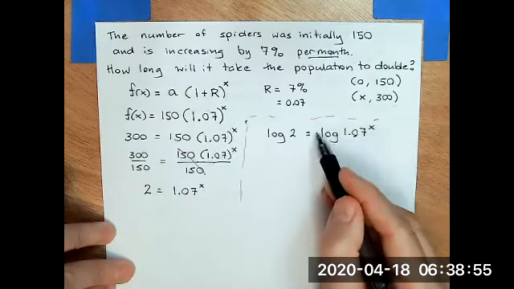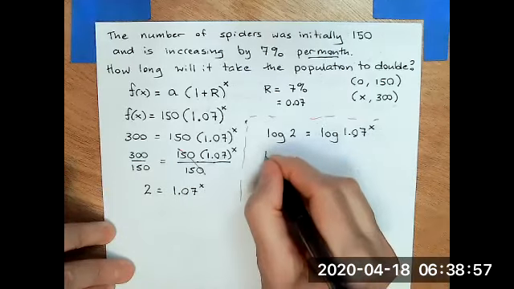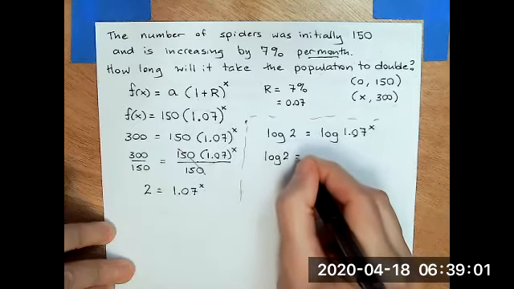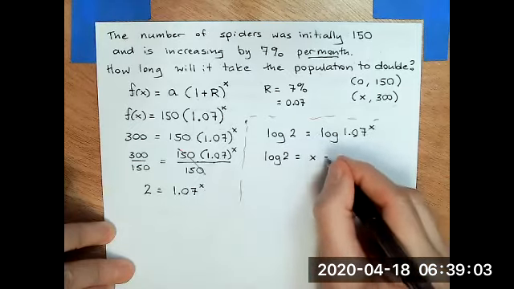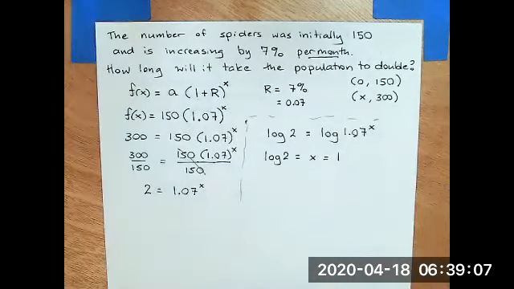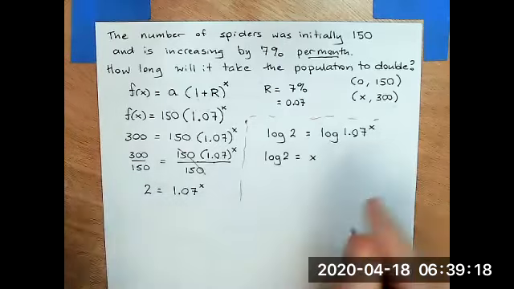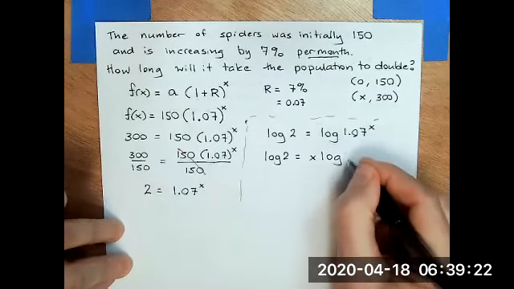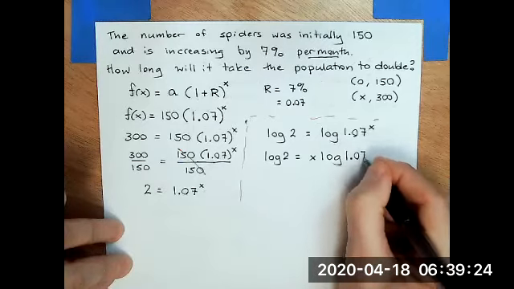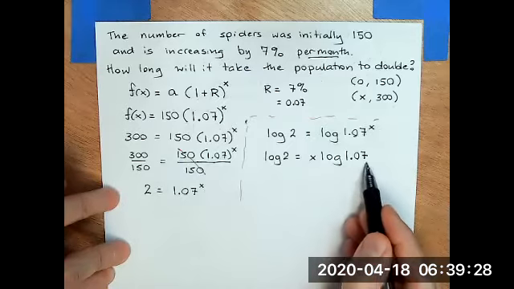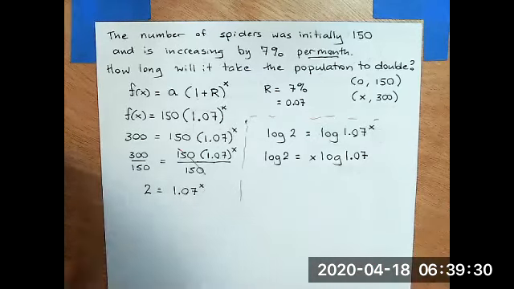So the rule of logs lets me bring the exponent to the front. And I'll divide both sides by the log of 1.07.